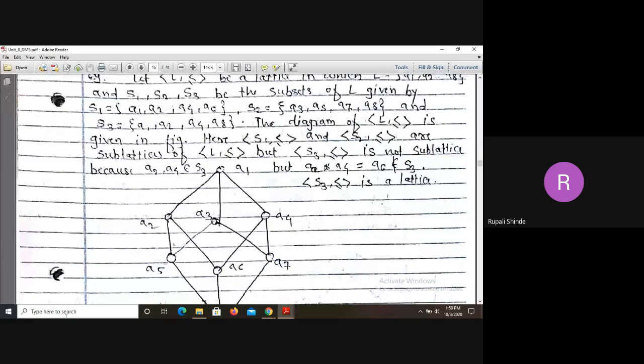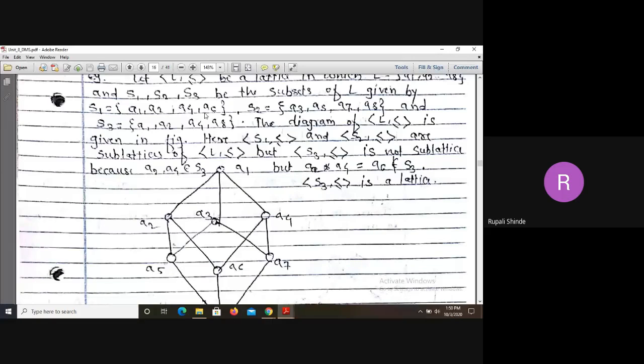Star operation means greatest lower bound. What is the greatest lower bound here? A6. Correct. And the least upper bound? A1. Okay, so the result is A6 and A1. Now check whether A6 and A1 are present in S1. Yes, those are present.